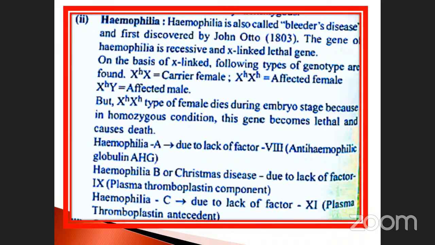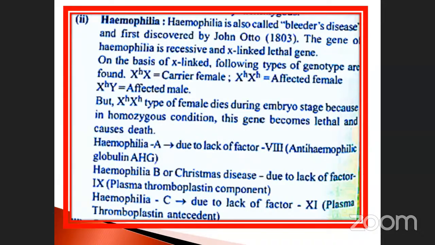This was first discovered by John Otto. Okay. See here the first one: hemophilia A type, hemophilia B type, hemophilia C type. Sometimes they may ask the question: hemophilia A, due to the lack of which factor? Like that, they may ask the question. Hemophilia B, hemophilia C. Sometimes they may ask a match the following question, like that.